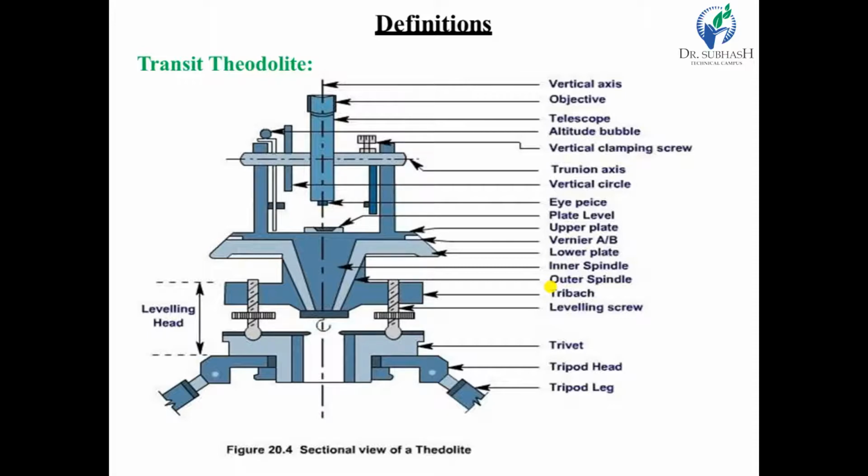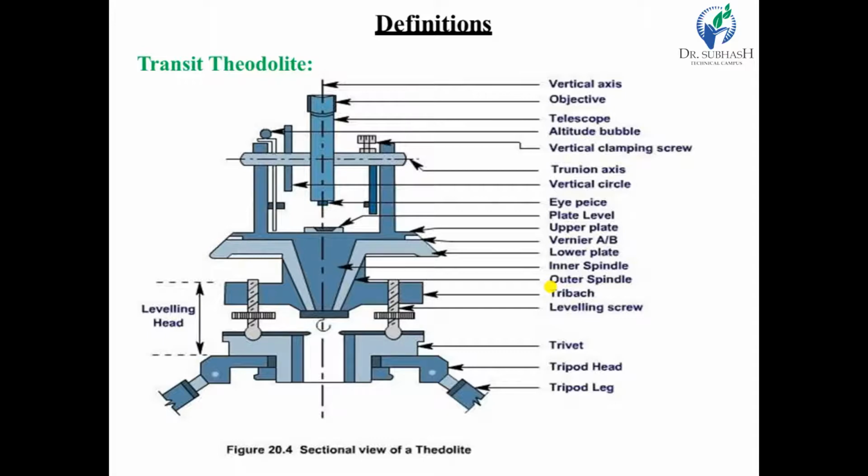Next, plate level. Plate level is the portion where the upper plate and lower plate are fixed. There will be both plates, upper plate and lower plate. The lower plate has a graduated disc with marks from 0 to 360 degrees, and the upper plate has a vernier mark from 0 to 30 or 0 to 60.